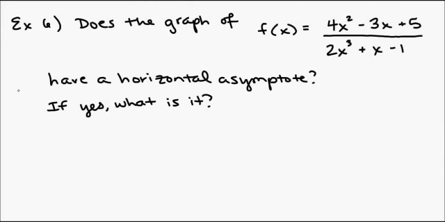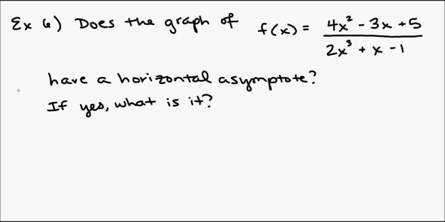Example 6. Does the graph of f of x equals 4x squared minus 3x plus 5 all over 2x cubed plus x minus 1 have a horizontal asymptote? If so, what is it? Okay. So we're going to look at this from an end behavior perspective.